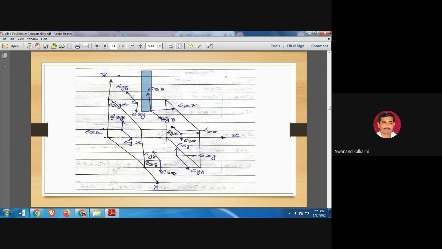The component of z along the x axis is shown by sigma xz, and the component of z along the y axis is shown by sigma yz. Is it okay? Are you getting this particular concept here? The component of z along the x axis and the component of z along the y axis. You can understand? Are you getting this?